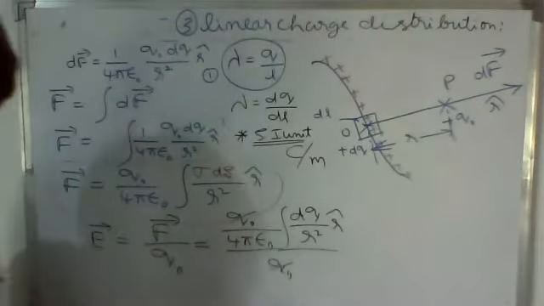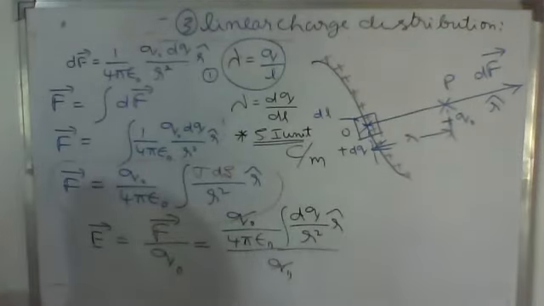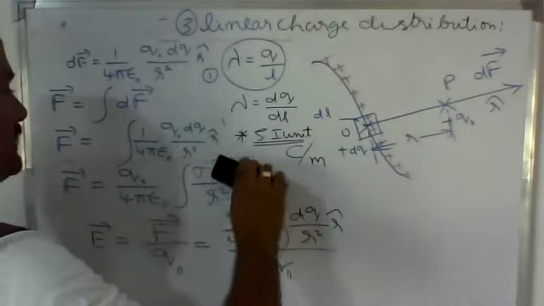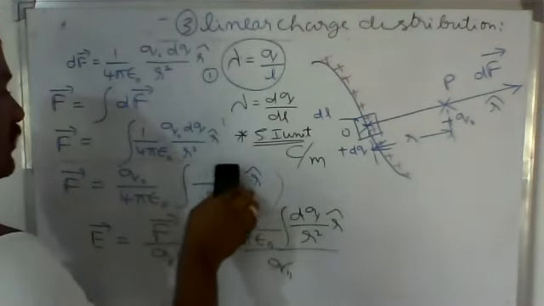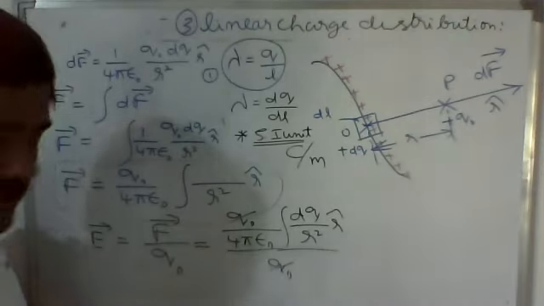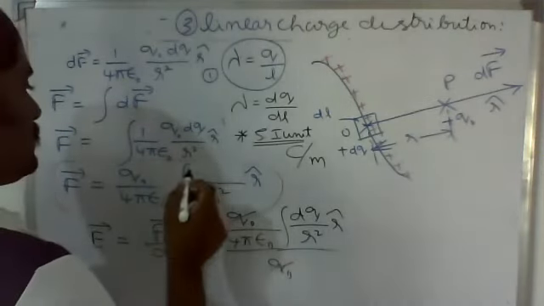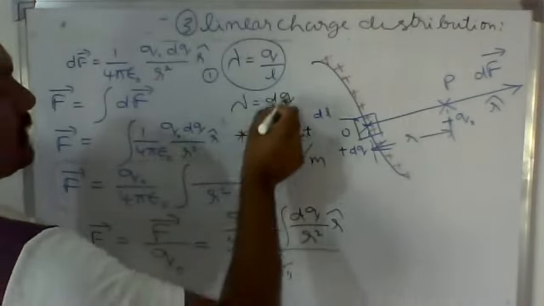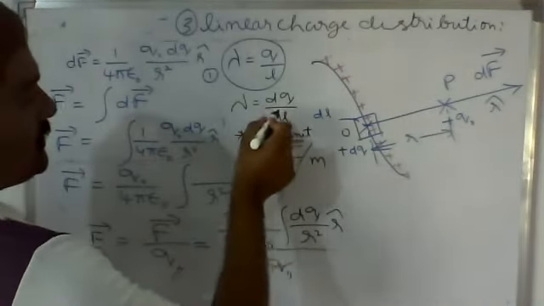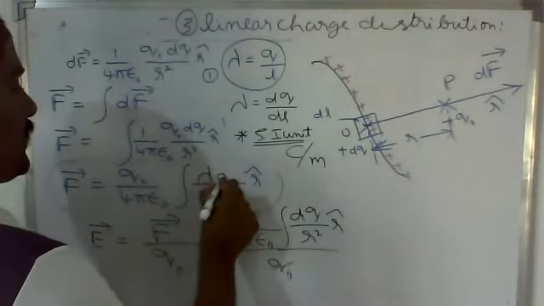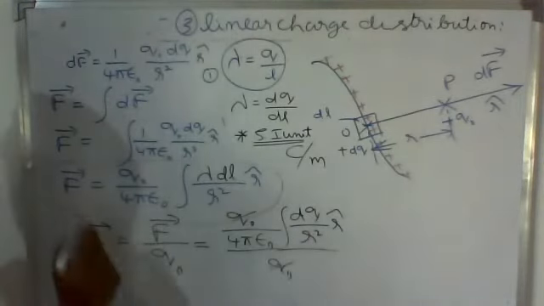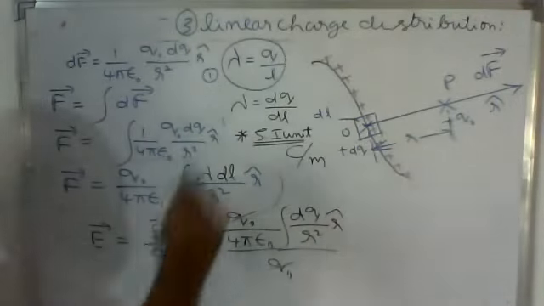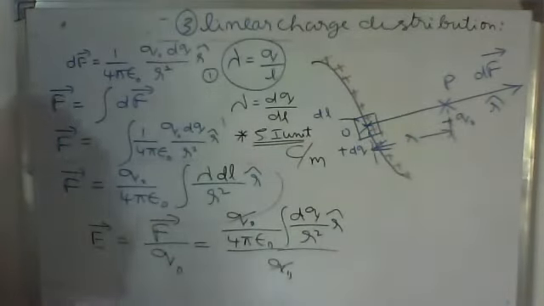The net force acting on plus Q naught due to the entire linear charge distribution is F vector equal to Q naught divided by 4 pi epsilon naught, integration of dq. By using the mathematical expression, dq is lambda into dl, right?